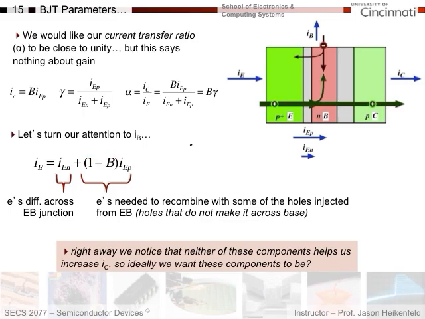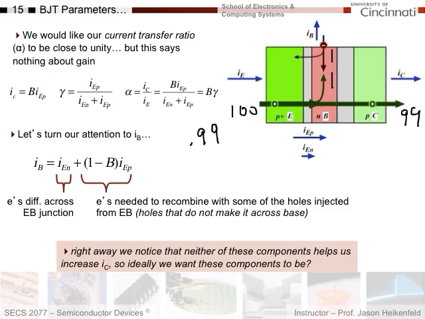Let's say my base transport factor is 0.99. That would mean for every 100 holes, 99 show up here. If I have 100 coming in and 99 coming out, then by conservation of charge, I've got 1 left here. Well, lo and behold, the number of electrons I need coming in is 1 also.